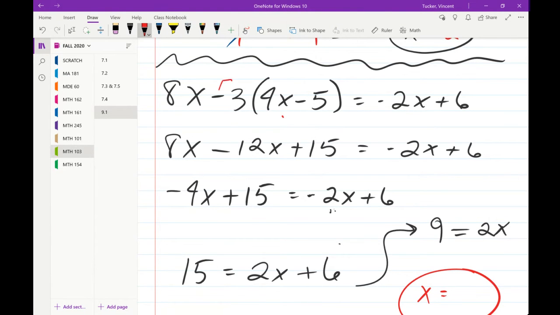So the first thing we want to do is get rid of this parentheses because we need access to this x. So we'll distribute negative 3 into the parentheses. So that'll be 8x minus 12x plus 15 equal to negative 2x plus 6. So negative 3 times 4x is negative 12x. Negative 3 times negative 5 is 15.